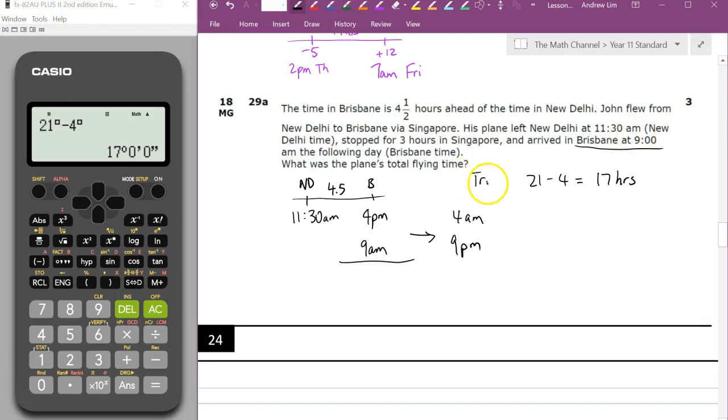So the trip was 17 hours, but because it stopped for 3 hours in Singapore, the total flying time is 17 minus 3, which is 14 hours.